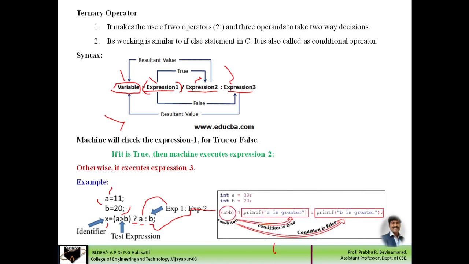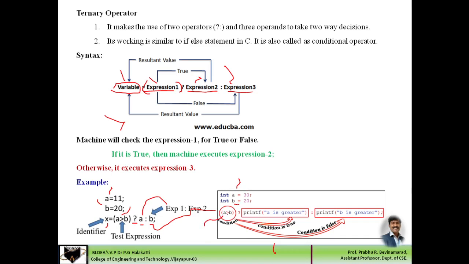So let us write one more example. I want to print whether A is greater or B is greater. I don't know which one is bigger here, so for that I use a ternary operator. I have taken two variables here, A and B, and I'm storing 30 in A and 20 in B. This is the condition expression.